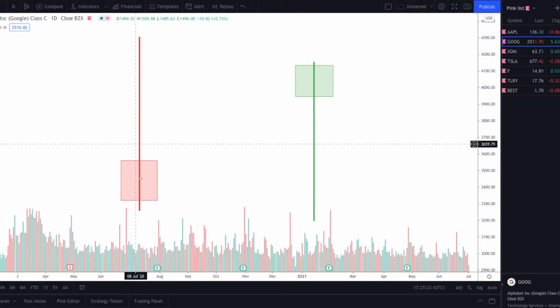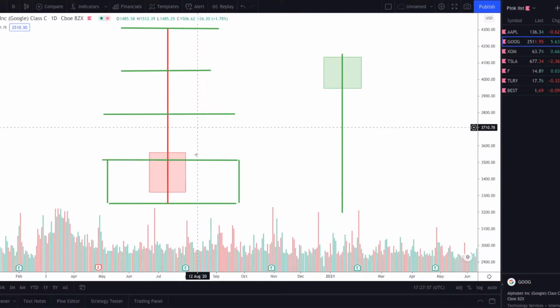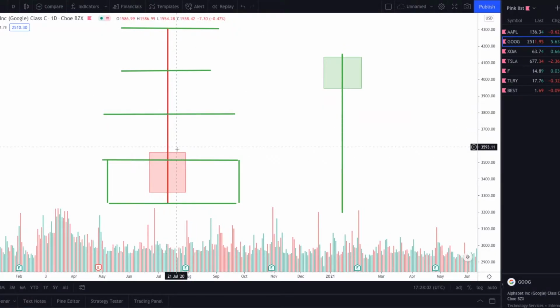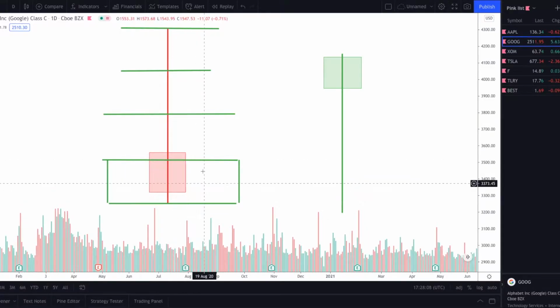If you divide it into fours, 1, 2, 3, 4, and the candle has a huge tail and closes in the lower 25% of the entire candle, it's a topping tail.